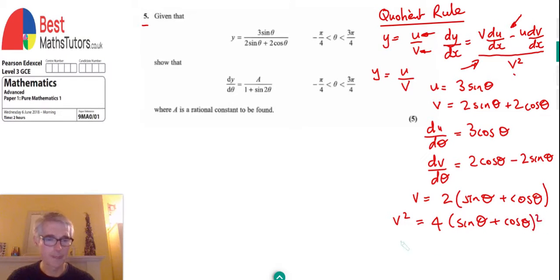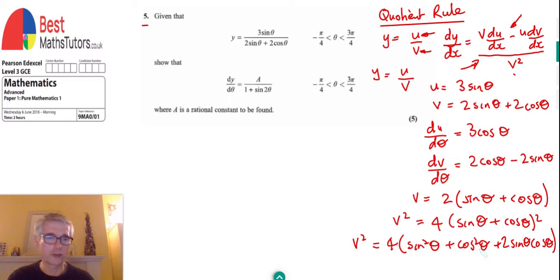So if I square out the brackets there, I'll get that v squared is equal to the 4, which I already had, and then I'm going to get sine squared theta plus cos squared theta, and then I'll actually get 2 sine theta cos theta.